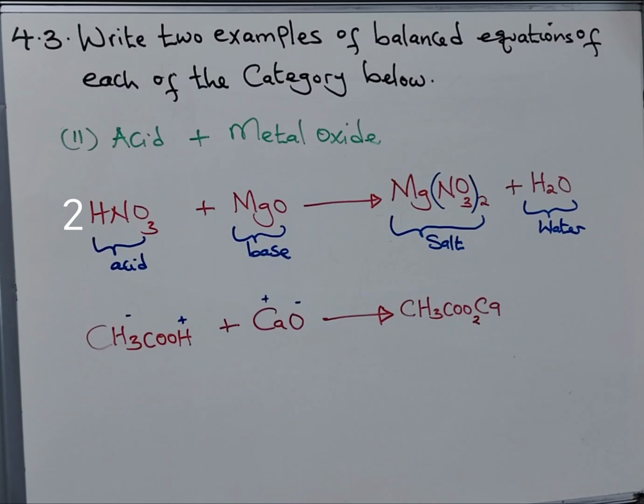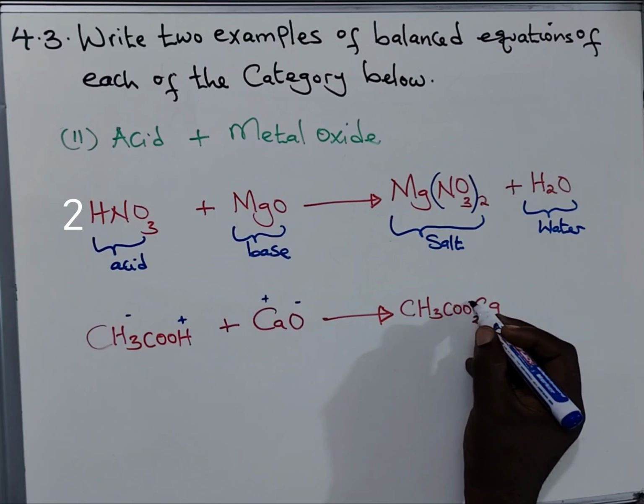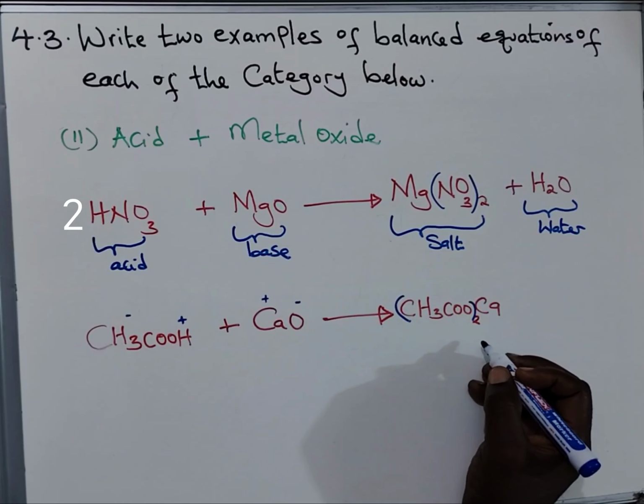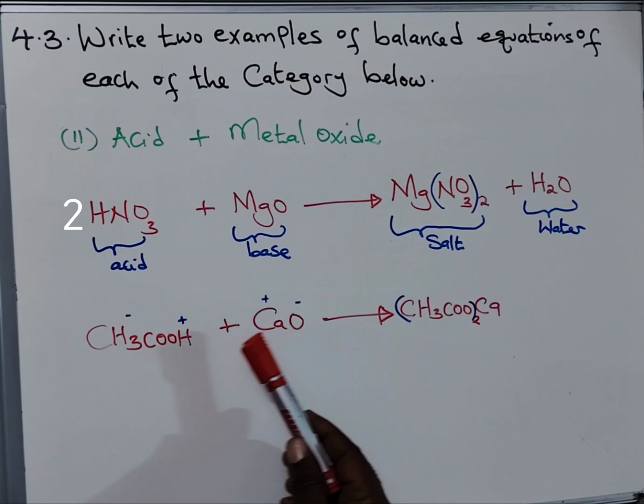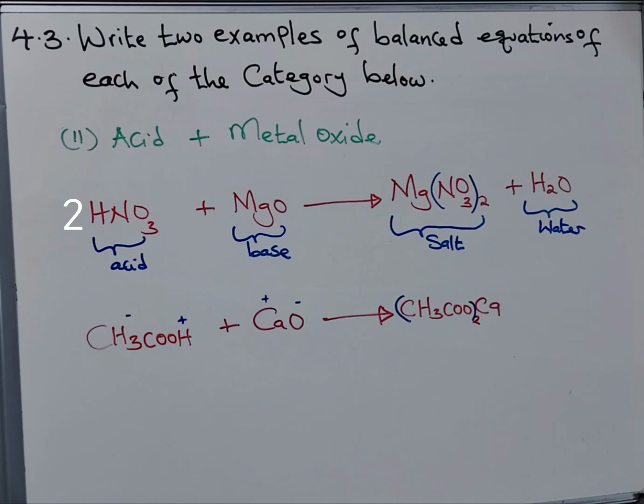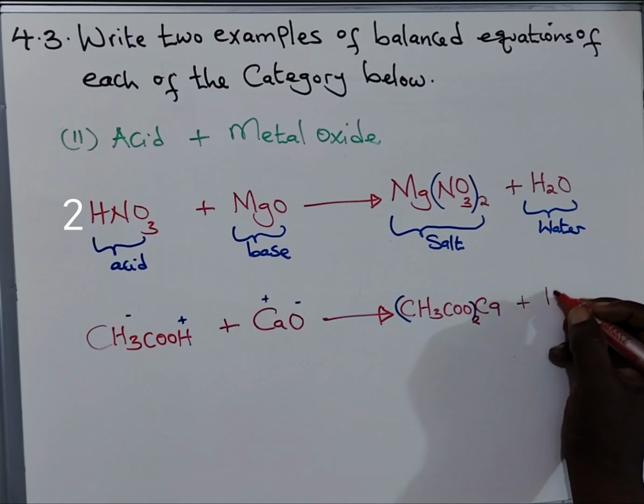Because the 2 is for the whole ion, you put a bracket to show that. Then what is next? The O attaches the H to give you water.